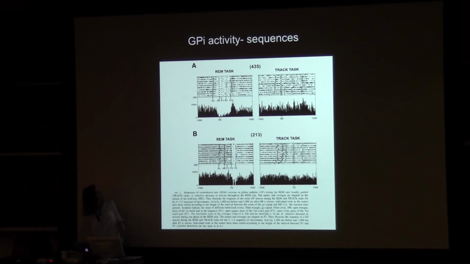And so what you're seeing here is that this neuron, during the task where this animal is actually making these movements, turns off. Now, what did I tell you about GPI output? It's inhibitory. So by turning this off, it's actually releasing the thalamus from inhibition.